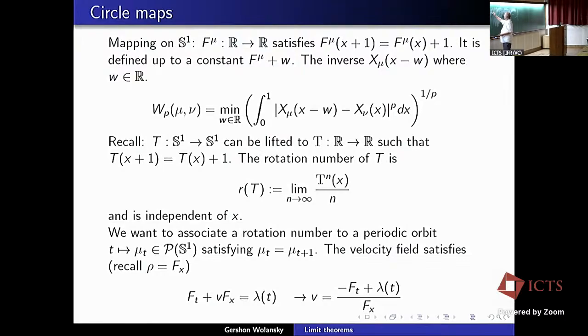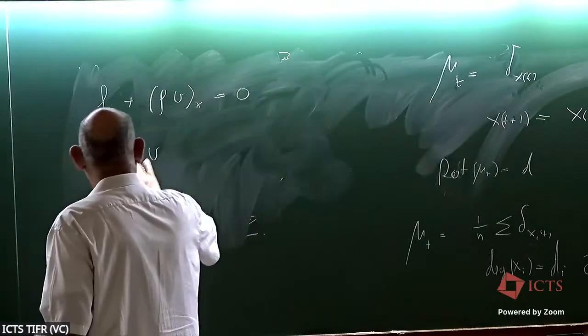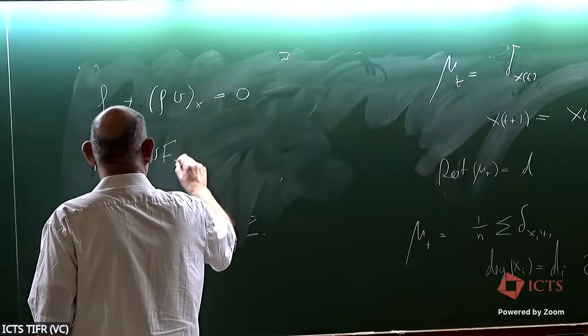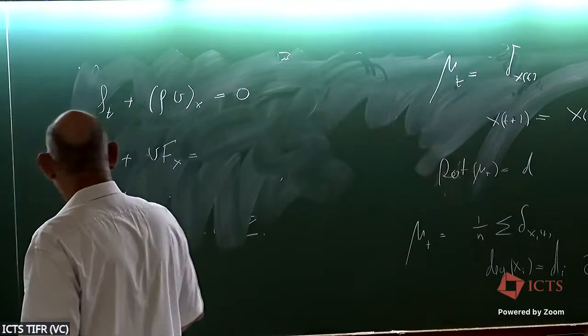If rho is the density of this measure, in one dimension we consider this equation and integrate it with respect to x. The integral of rho is f, so we get f_t plus v f_x equal to some function of t.